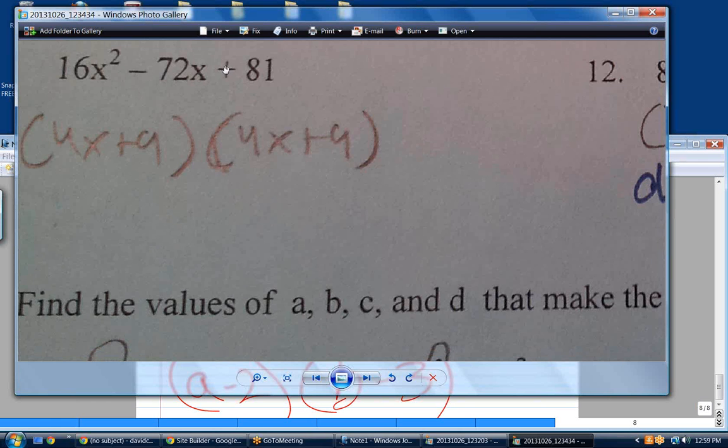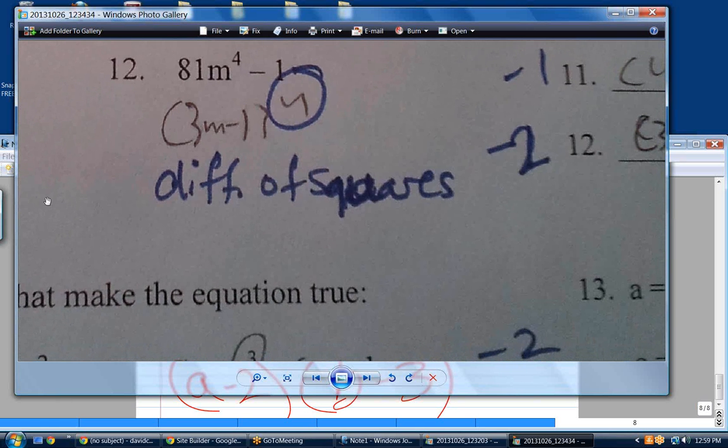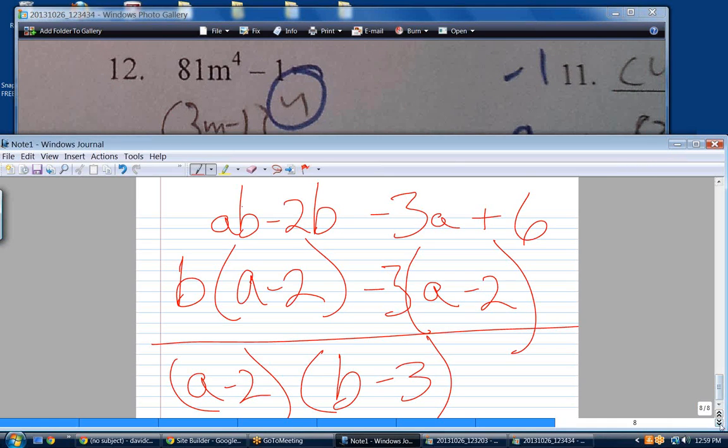Yes. Once we saw this plus sign, we know the signs are the same. As soon as you know they're the same, look to the sign of the middle term. It's got to be negative, negative. And then 12 was difference of squares, and I just did that wrong. It is difference of squares.